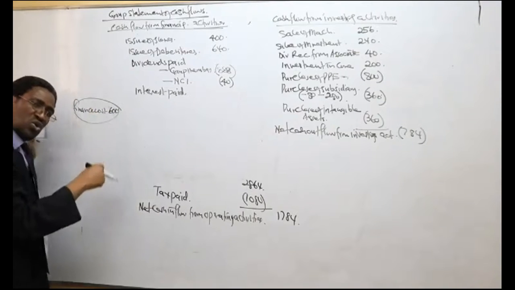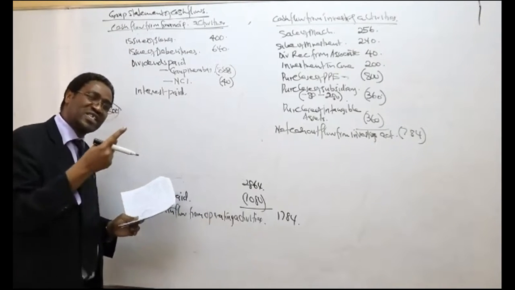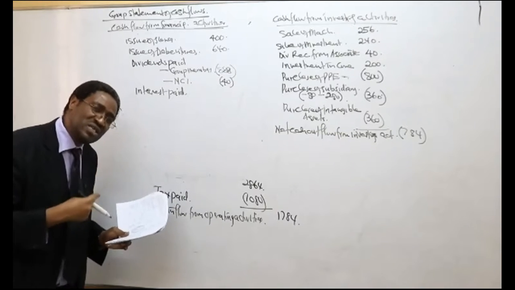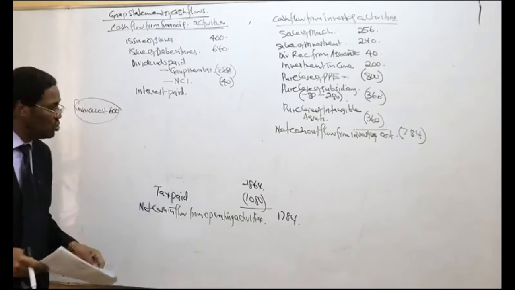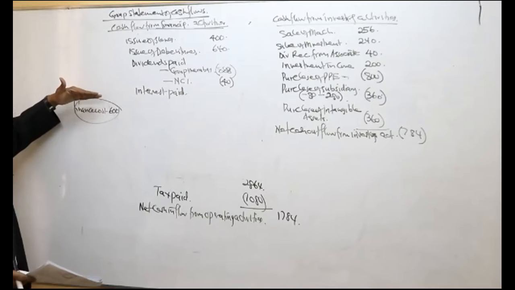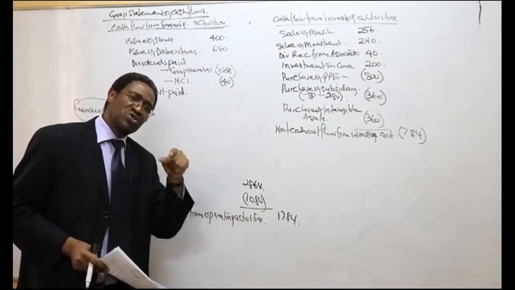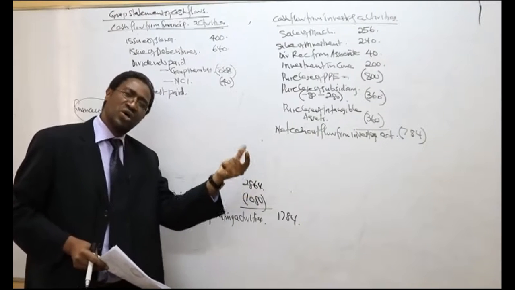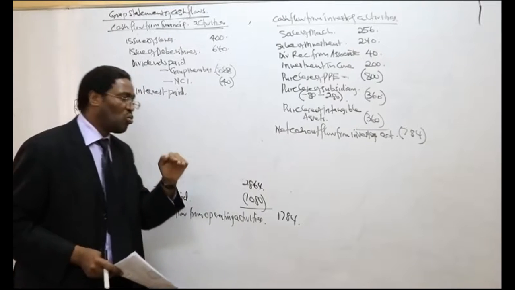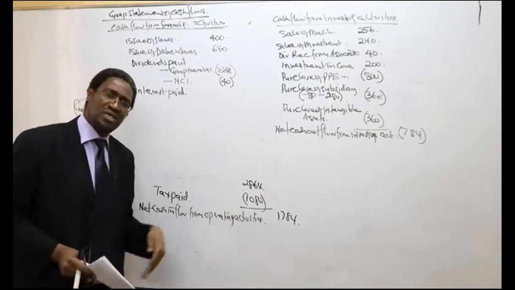There was no interest owing anywhere, no interest accruing anywhere in this question. So it means the examiner wanted you to know that if the interest charged in the income statement was 600, which we considered as an uncashed item, but at the same time there was no interest accruing by the end of the year, then what you charged in the income statement must have been the same amount we paid this year.